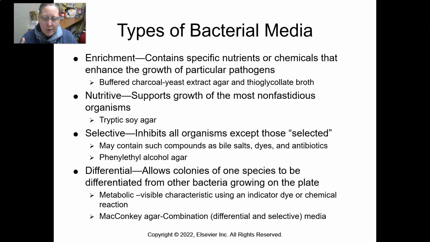Or, for example, on the mannitol salt agar, if it's Staph aureus, the part of the agar where it's grown will turn yellow from being kind of pinkish color before, if it's a non-staph. MacConkey agar is one as a combination, is both differential and selective. So it selects for gram-negative rods, and it allows for a differentiation between lactose fermenting and non-lactose fermenting.